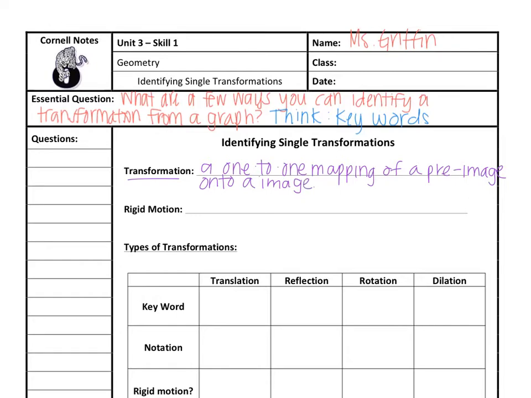Now there's two vocab words there that we need to identify quickly off to the left-hand side. The first one being the pre-image. Pre-image is the original figure, whereas the image is the new figure.